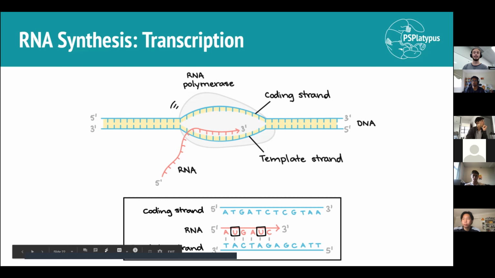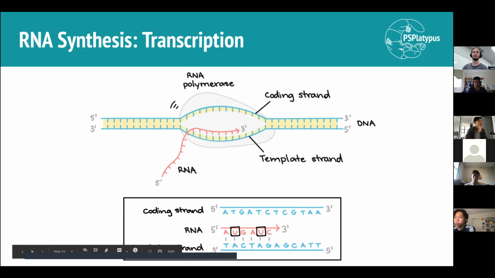And you can see it's writing 5' to 3', reading 3' to 5'. But the key thing here is names, because you might get confused in questions. So the template strand is what is read, and the mRNA will be complementary to that. So that means that the coding strand and the mRNA, or the pre-mRNA, will be the same, aside from the uracil versus thymine and being RNA versus DNA, but they'll have the same sequence.